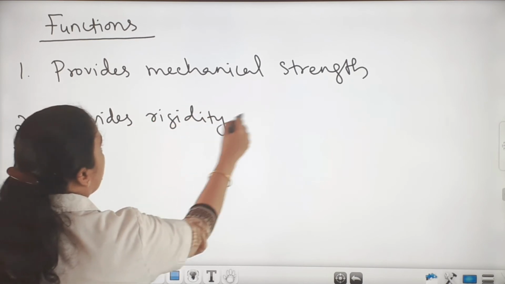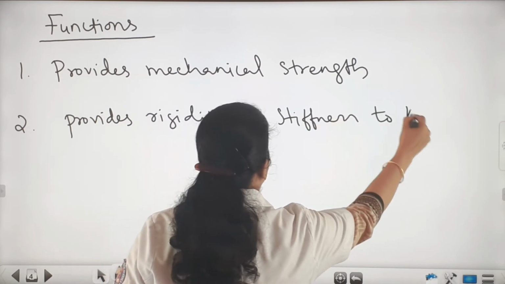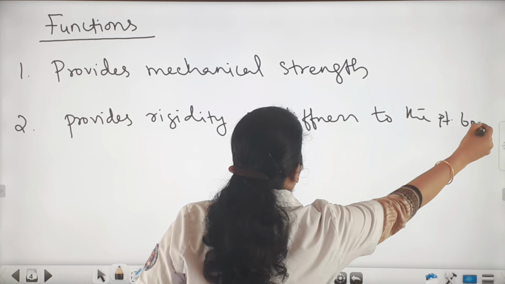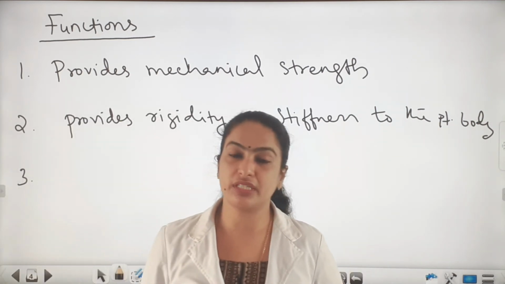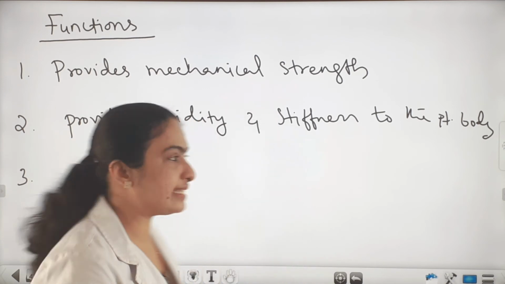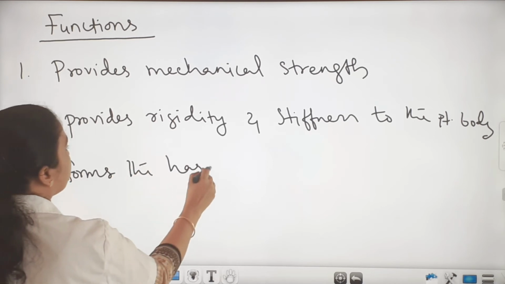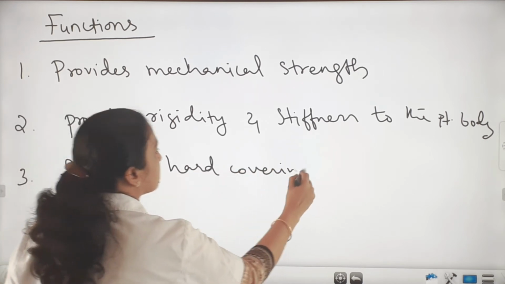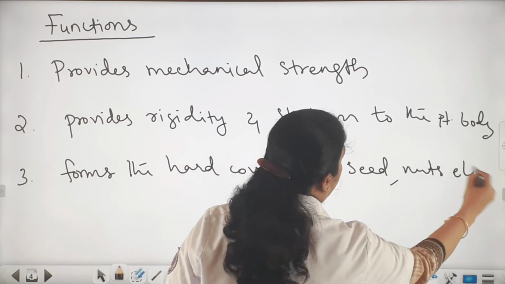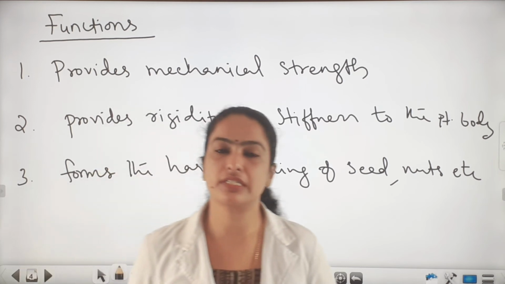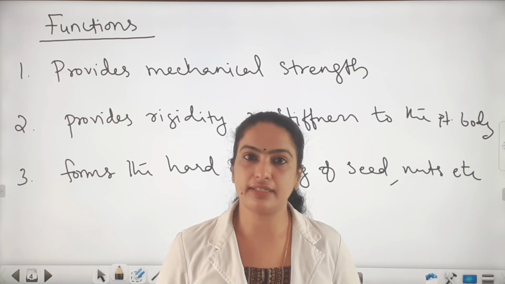It forms the hard outermost covering of seed, nuts, etc. So these are the functions of sclerenchyma. Is it clear about the features and functions of sclerenchyma?